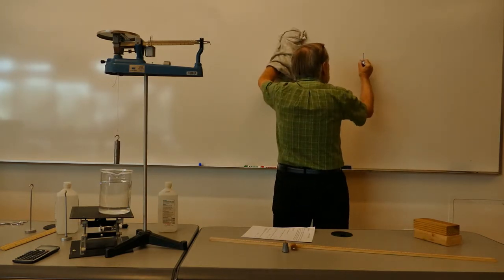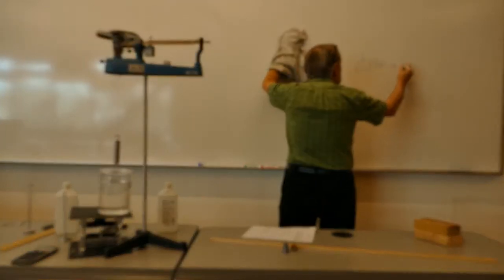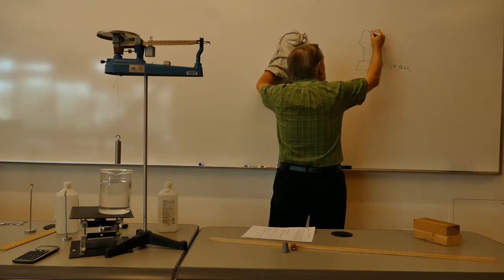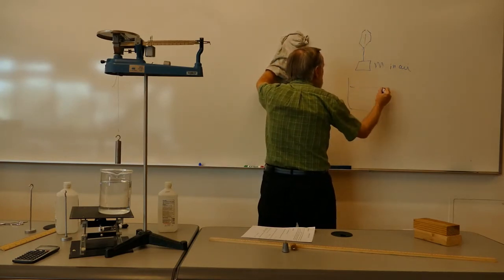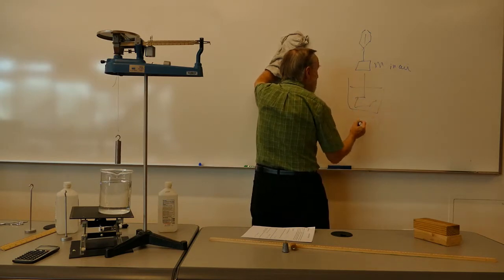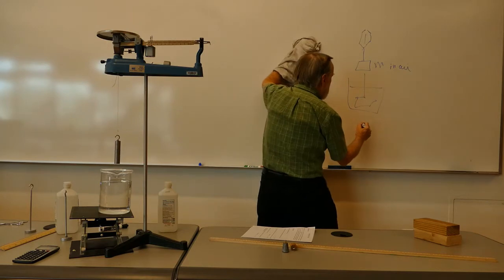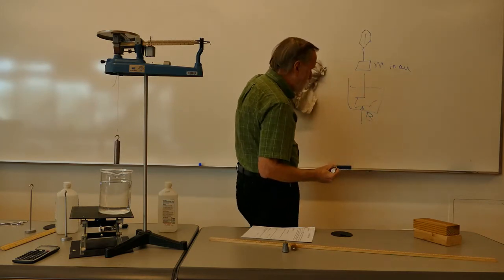If you measure the mass of an object in air, using maybe a spring scale or a balance, and then measure it in water or any fluid, it's going to weigh a little bit less. The reading on the scale is going to be less because it's experiencing a buoyancy force pushing up on it.